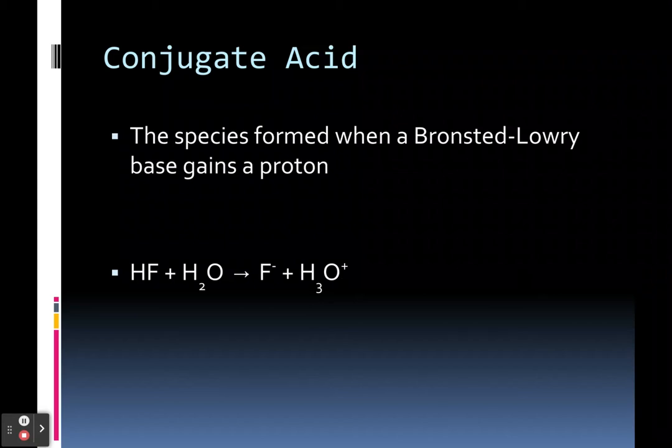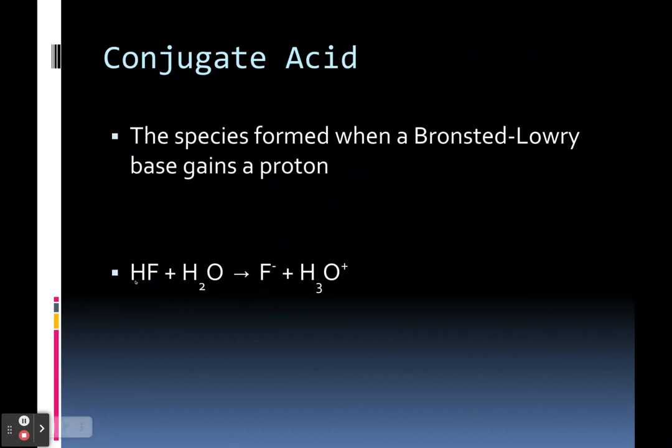You will always have two pairs when we're looking at these reactions. So in your reactants, you're going to have an acid and a base, and in your products, you're going to have an acid and a base. When you're pairing those up, we can see that fluorine is in both HF and F negative.